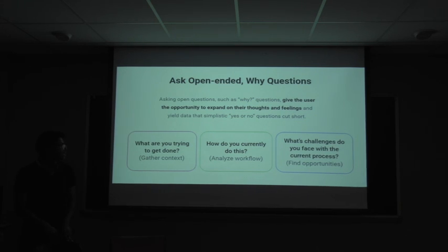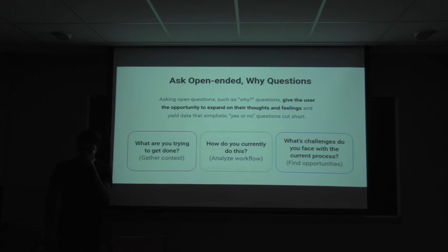Asking something like, how do you currently do this, gives you insight into their current process, and you can compare that across users and say, okay, these people are all doing it this certain way. Is this way good? Is this way bad? Do we want them doing it like this, or should we try to nudge them in a different direction? Another question we've got is, what challenges do you face with the current process?